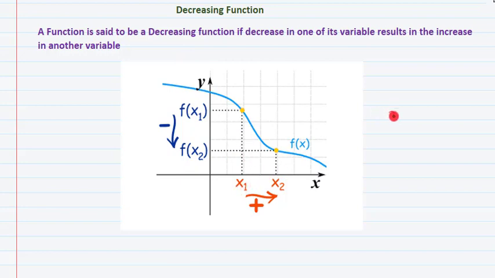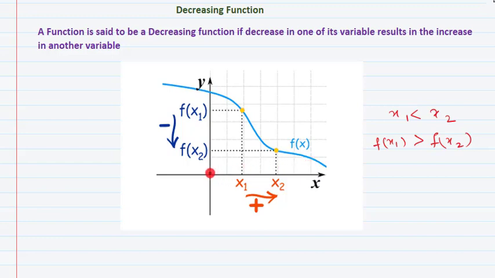Here clearly x1 is less than x2. What we are observing is that for x1 the value on the y-axis is f(x1) and for x2 the value is f(x2). From the graph it is very clear that f(x1) is greater than f(x2). So as soon as the values of x increase, the value of f(x) decreases.